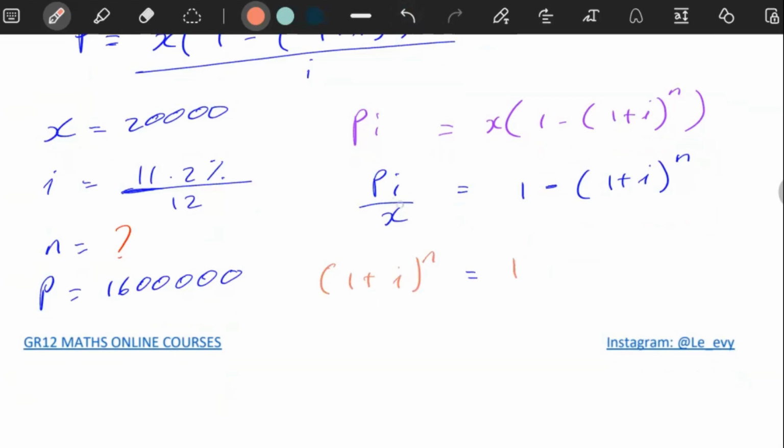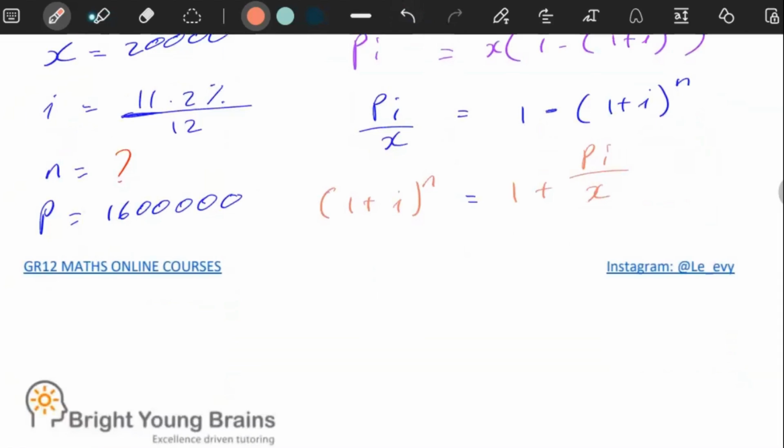And then this whole thing here, take it to the right hand side. You see. And then isolating n, we can use logs here, because if you want to isolate an exponent, you isolate that exponent and then you make it equal to log. Whatever the base of the exponent is going to be what we refer to as the base of the log. And then this whole part is going to be up here.